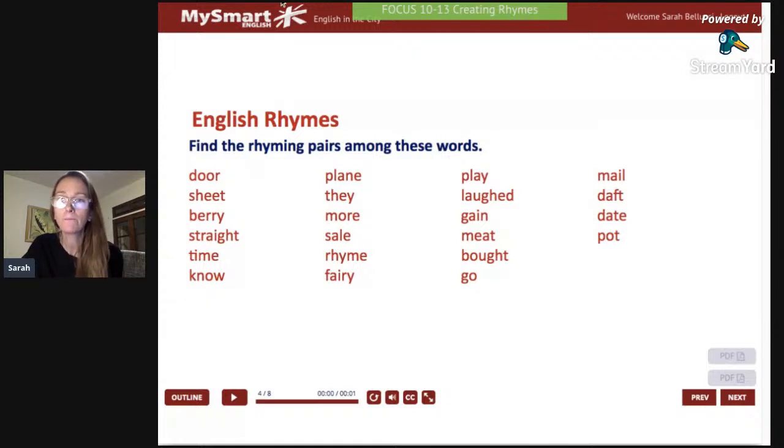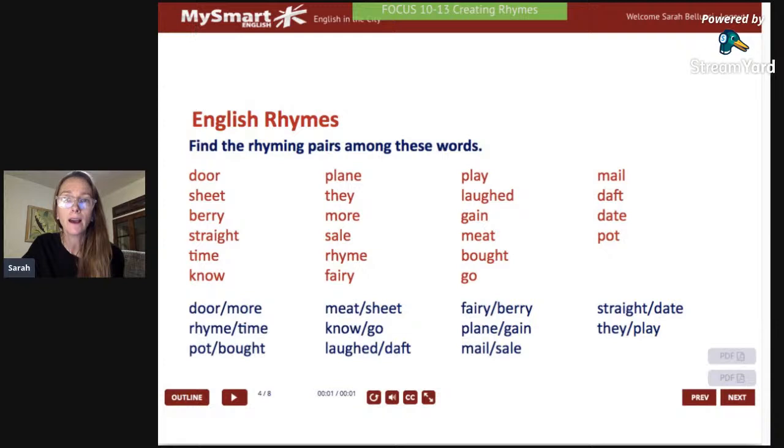Let's see what ones we haven't come up with. I'm going to press here. Let's see. And it'll show us the pairs, okay? Now, we can see what we got. So we've got door, more, rhyme, time. Look at this one.